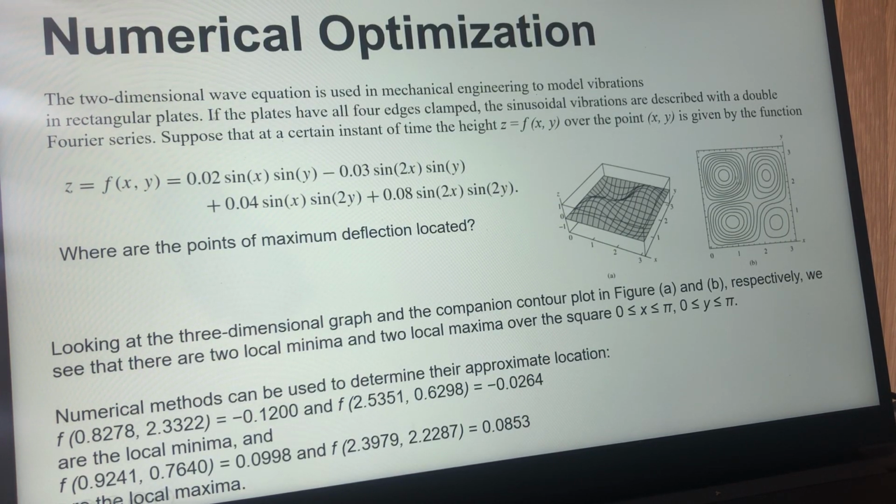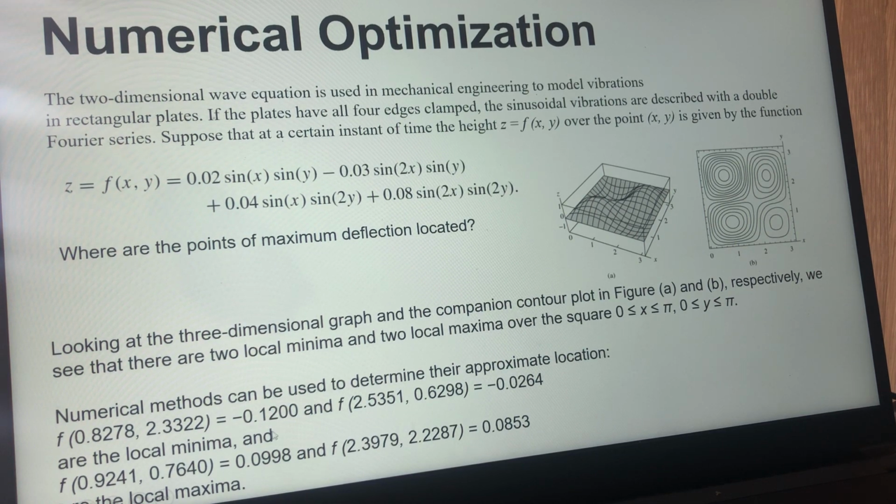And this is going to give you the contour of this one, or you can easily rotate it and see your maximums and minimums. You can see here, where are the points of maximum deflection? Here you can see that there are two maximums and two minimum points. And you can see where, not maybe clearly, but you will have an idea at least.